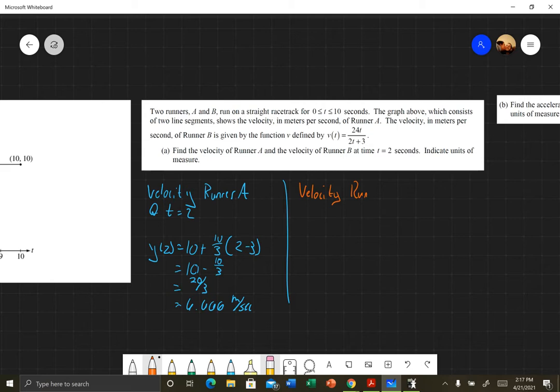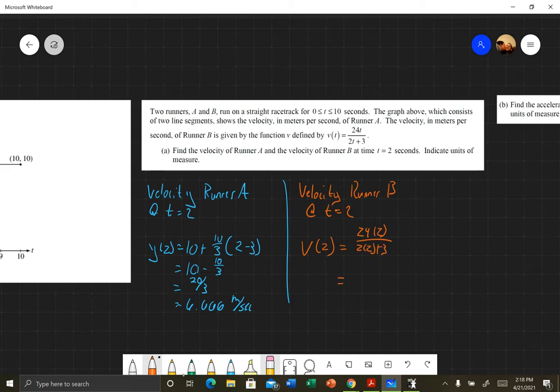So velocity for runner B. Well, they gave us a function, right? They said velocity for runner B is defined by this function. So velocity for runner B at time t equals 2 is going to be really easy for us to calculate. That's just going to be plugging in 2 for this. So we've got 24 times 2 divided by 2 times 2 plus 3.